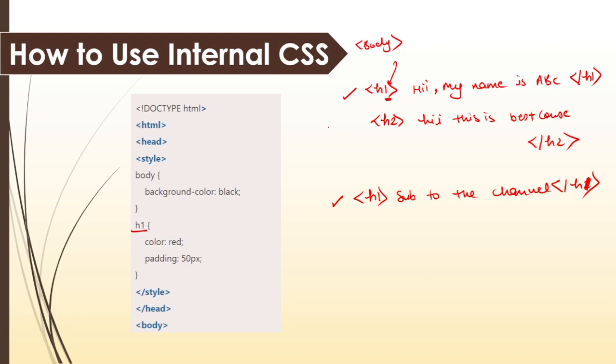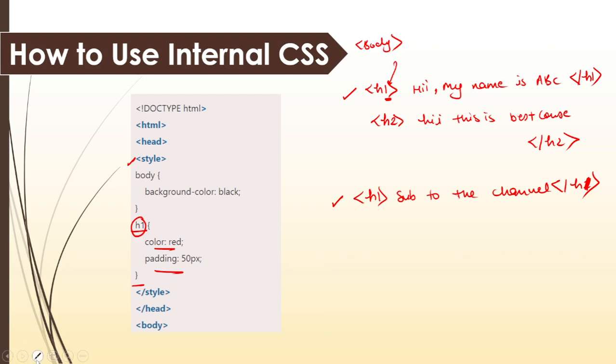But when we use cascading style sheets, we just mention the H1 under the style tag and give it some basic properties. This is how we can change the color of H1: H1 color red, padding 50 pixels.